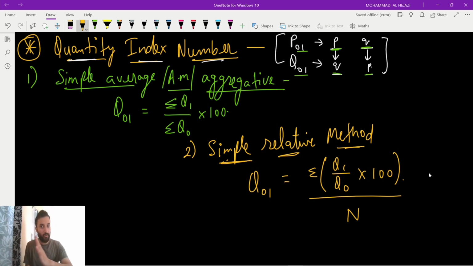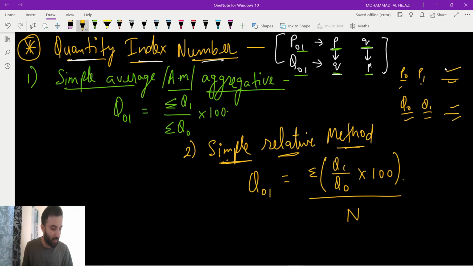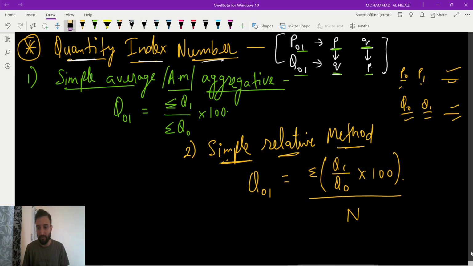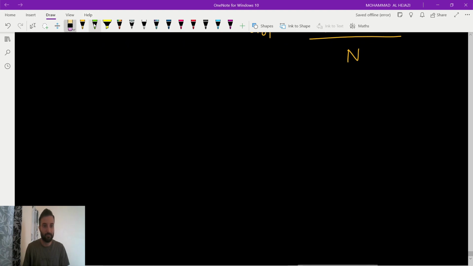In price index number we were doing P1 value divided by P0 value into 100, that we were writing here. Here, Q1 value divided by Q0 value into 100, we will write. The method will remain same, and you will get more clarified when we will do the problems.